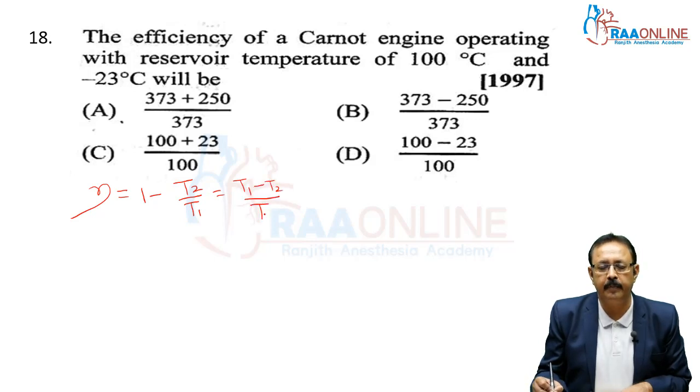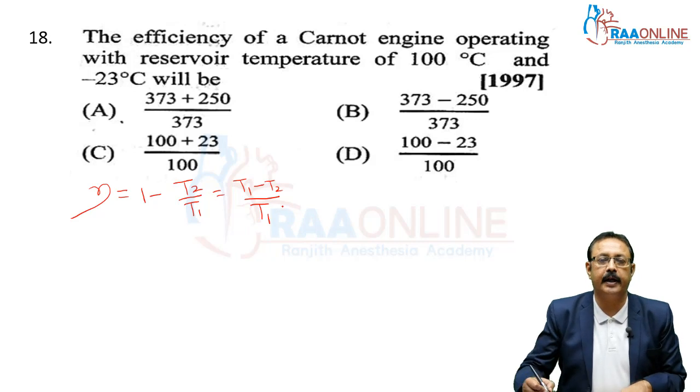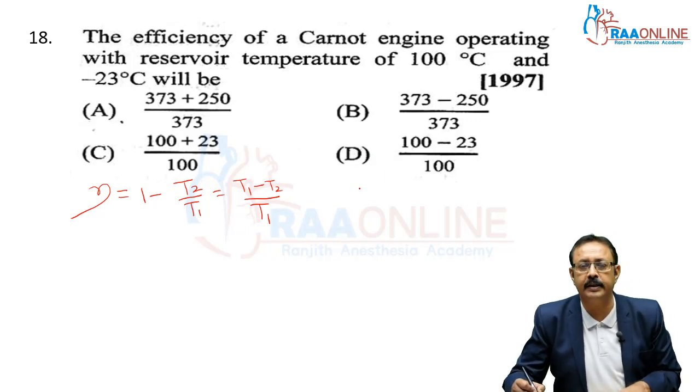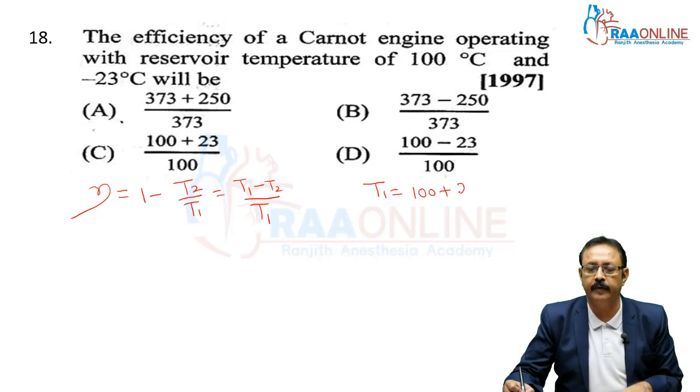We are using capital letters T1, it means temperature should be in Kelvin. T1 is given 100 degrees centigrade. To convert to Kelvin, we have to add 273. So it is 373 Kelvin.